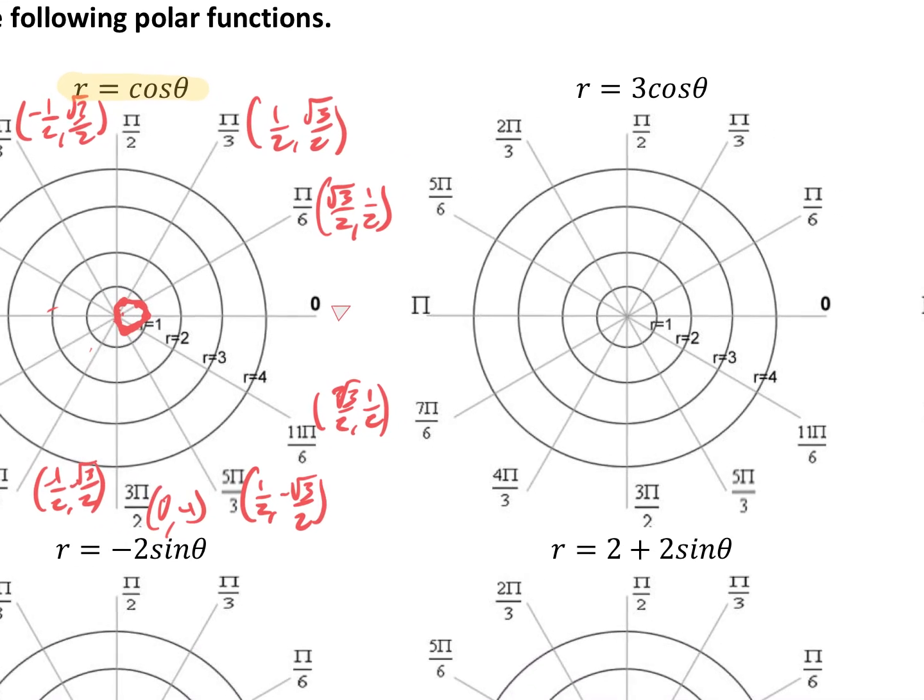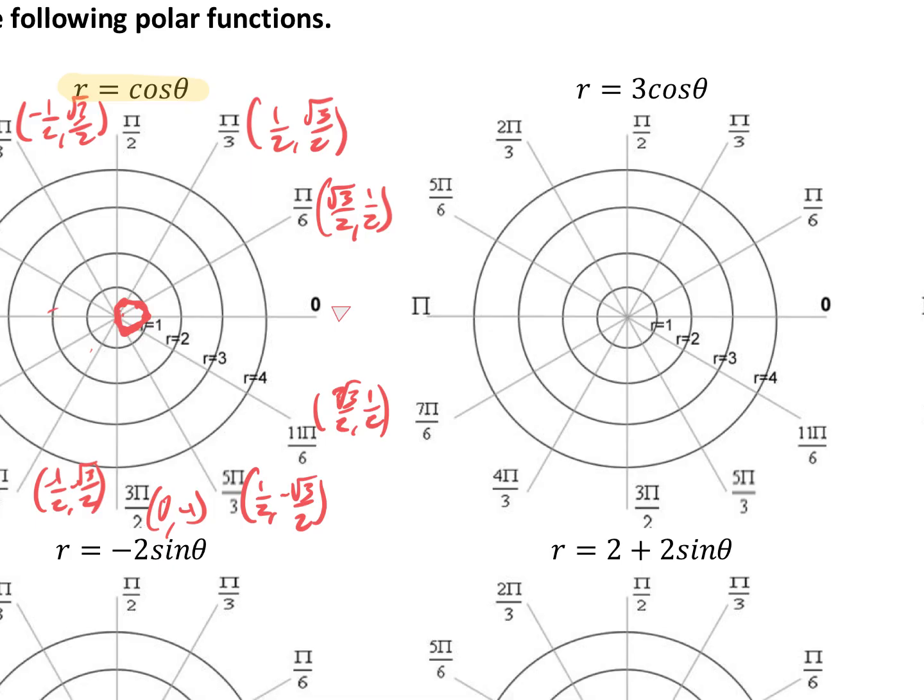Interesting. Well, what happens when we have 3 cosine? When we're looking out this direction, we're going to go 3 times as far. The cosine of pi over 6 is root 3 over 2, or 0.8660.